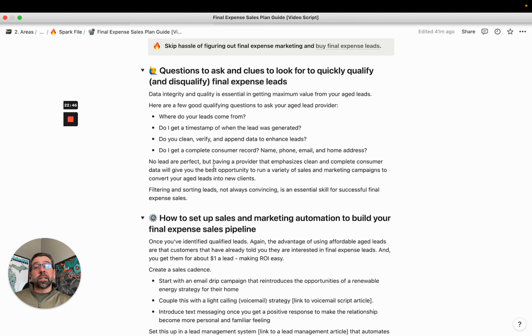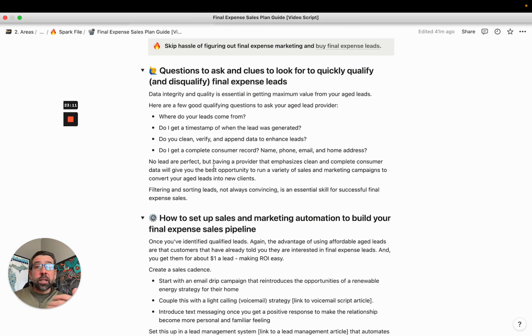But if you're buying a lead from someone else, try to get as much information as you can about that consumer. At the bare minimum, we're talking email, phone number, ideally multiple phone numbers, and ideally an address. It's going to give you more variety of ways in which you can actually use that lead. If you have a complete consumer record, you can use an omni-channel approach, right?